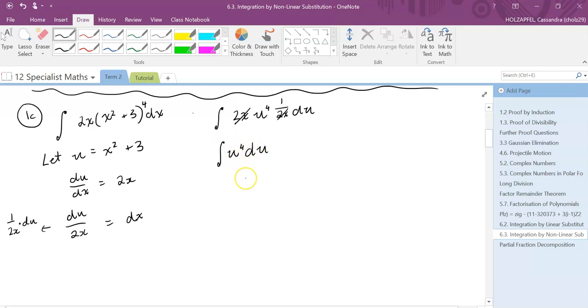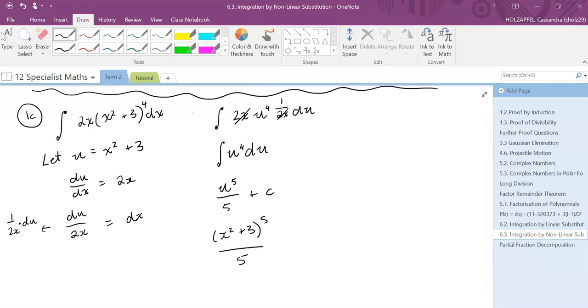So it's a lot simpler to integrate this because now all I'm going to do is add 1 to the power, divide by the new power, and that's going to give me u to the power of 5 over 5 plus c, and substituting back that original inside function, I get x squared plus 3 to the power of 5 over 5. So nice simple little examples there.